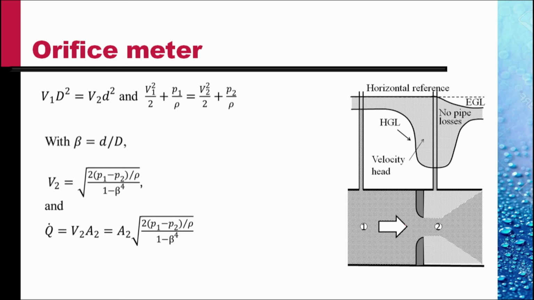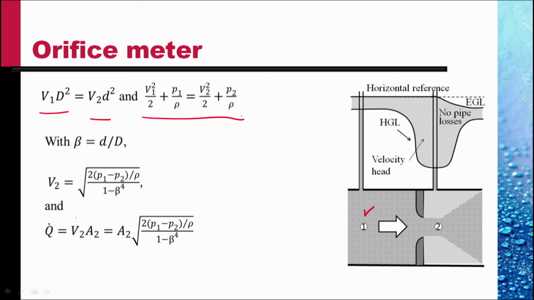How? First of all, by the mass balance equation, V1, the velocity at 1, times capital D squared, the diameter of the pipe, is equal to V2 times lowercase d squared, the diameter of the orifice. This equation and the Bernoulli equation between these two points.